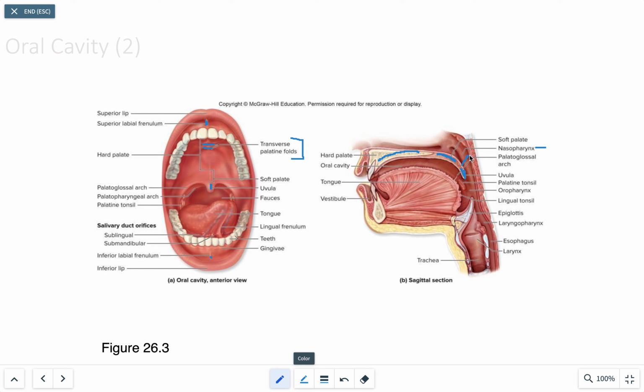So when you swallow, the soft palate and the uvula help close off the nasopharynx, and it'll allow the food to go through the oropharynx, eventually into the laryngopharynx and into the esophagus.